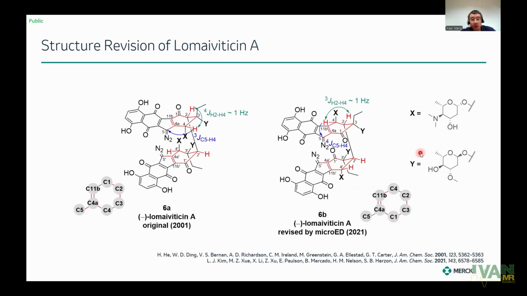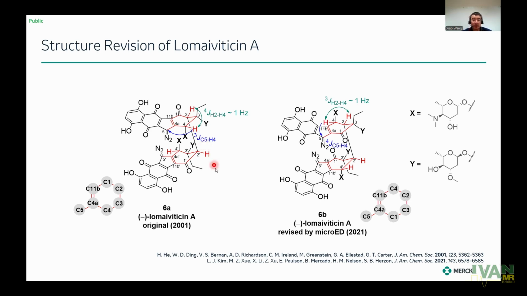And this is a more recent example. This compound is called lomaiviticin, and it's a very complicated dimer structure. It's a dimer of a diazo compound, and on this cyclohexenol ring there are also some sugar substituent groups. So it's quite a huge small molecule actually, dimerized through the cyclohexenol moieties.